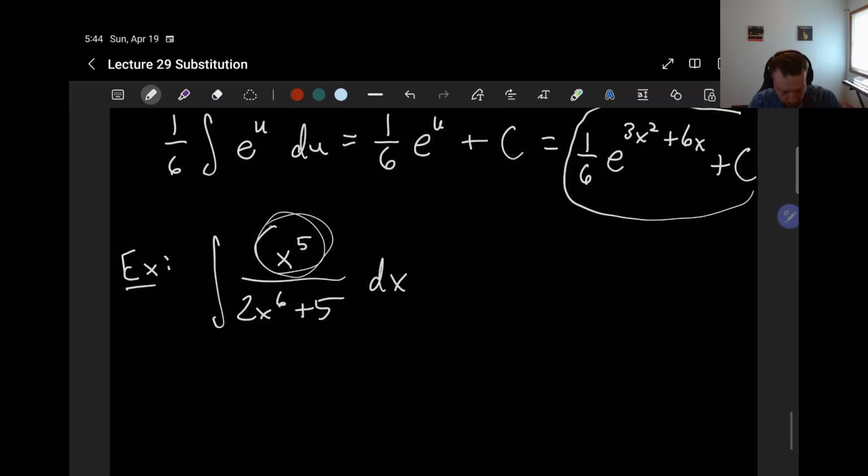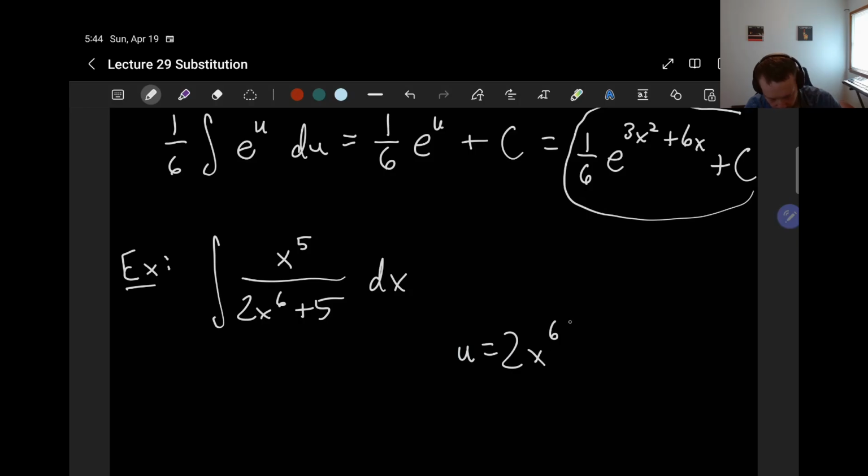So here, for example, x to the fifth, that has a pretty nice antiderivative. And notice we basically have an antiderivative of it sitting down there. That gives a pretty good indication of what I want my u to be.